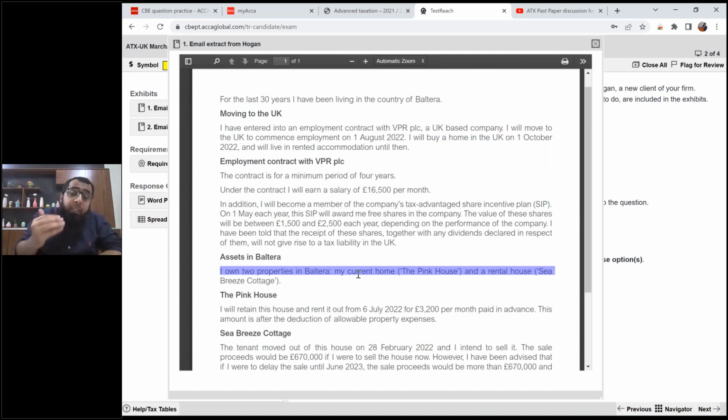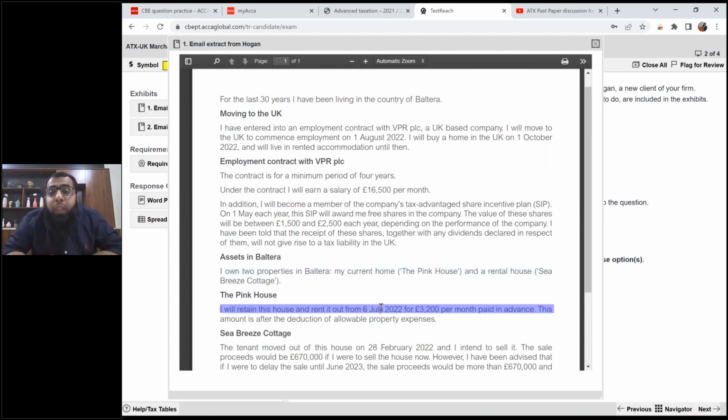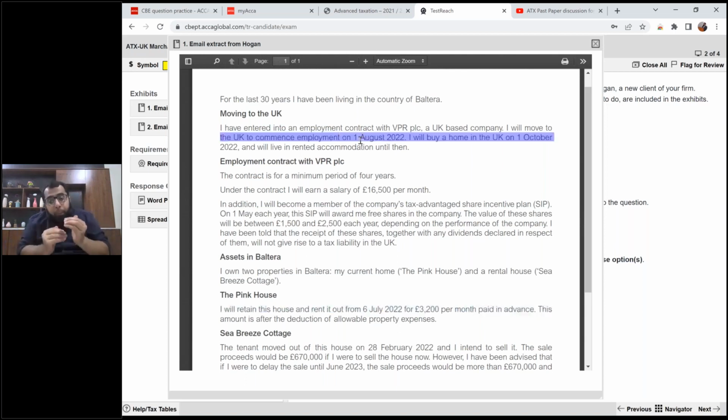The overseas income will start from 6 July 2022, but he will become resident from August 22. So the property income after that date will only be taxable.